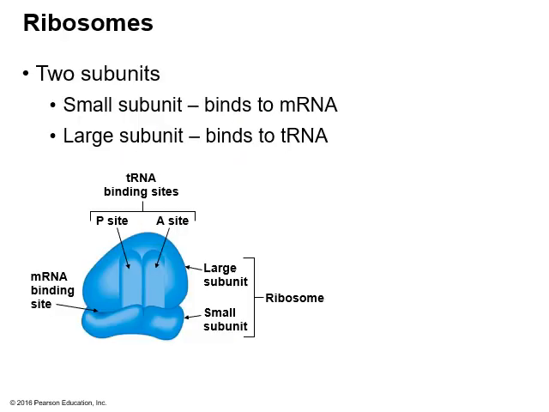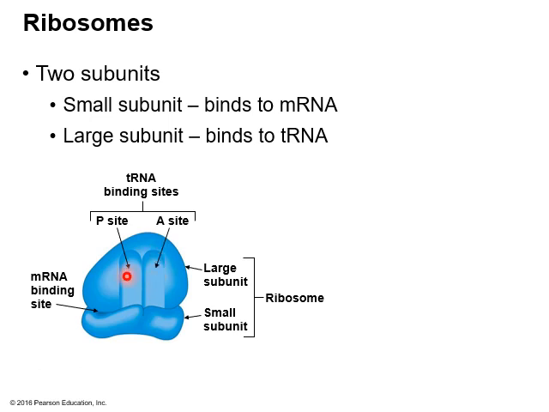Okay, so ribosomes are really important to all of this as well. And ribosomes are actually made of 2 different parts. So there's what's known as a small subunit of a ribosome, and there's what's known as a large subunit of a ribosome. And what happens is there's 2 different binding sites within that ribosome, and that's where the tRNA actually goes.